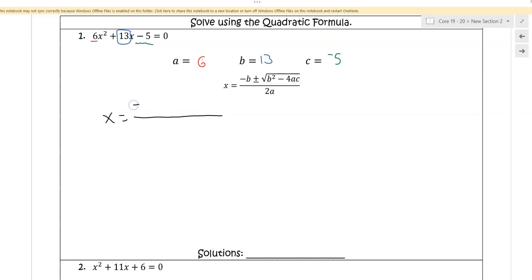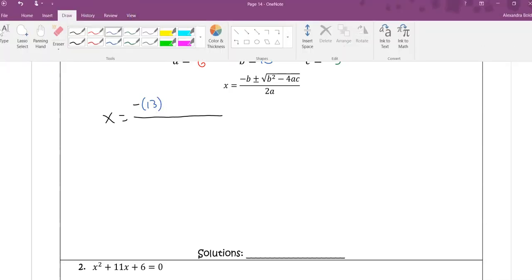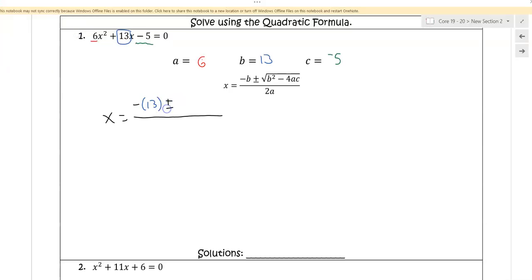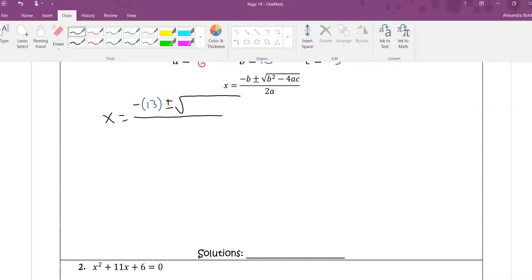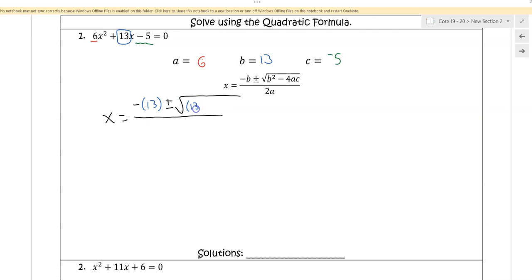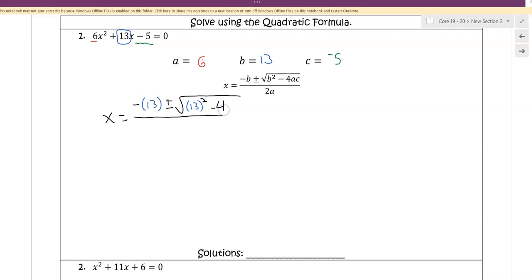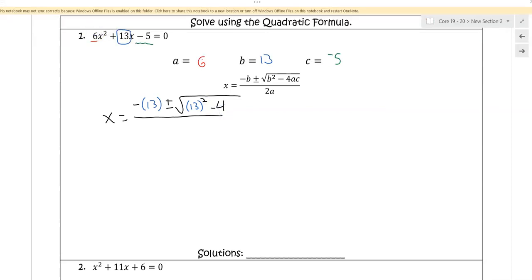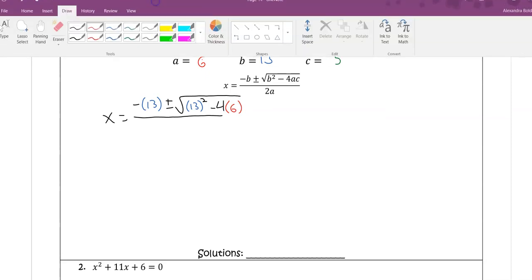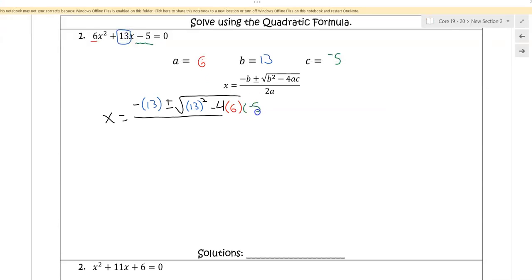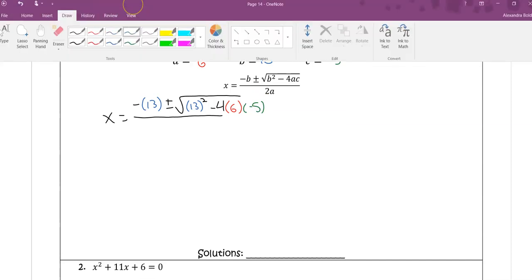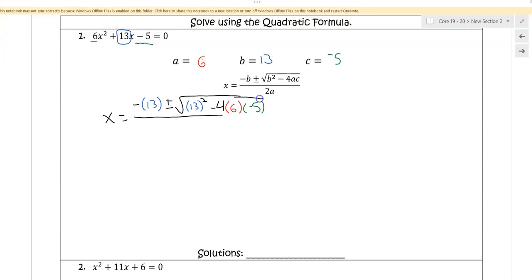The opposite of B, which is 13, plus or minus the square root of 13 squared minus 4 times our A, which is 6, and then our C, which is -5, all over 2 times our A, which is 6.